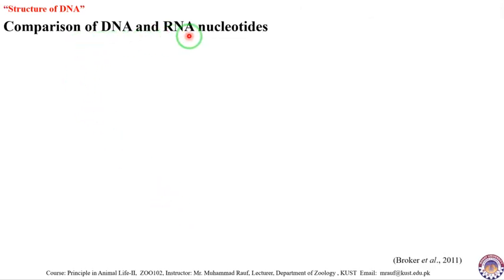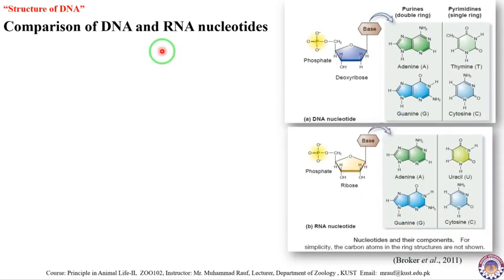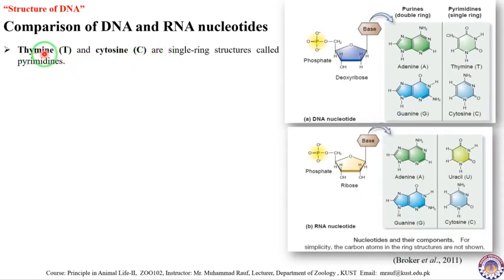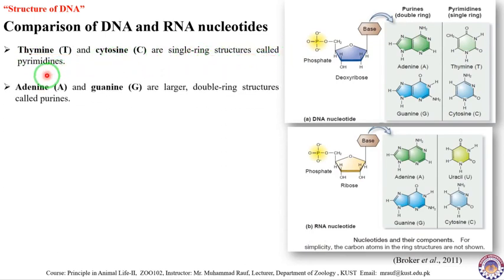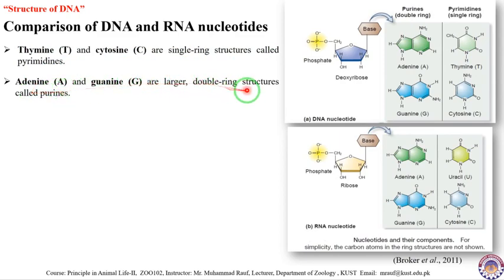Comparison of DNA and RNA nucleotides. As we stated in the beginning of the lecture, RNA is the molecular cousin of DNA. So let's have a look at the nucleotide composition of both these nucleic acids. Thymine and cytosine are single-ring structures called pyrimidines, whereas adenine and guanine are larger double-ring structures called purines.